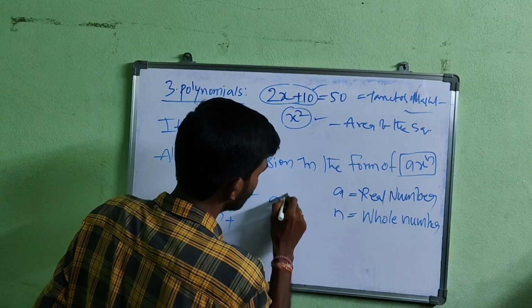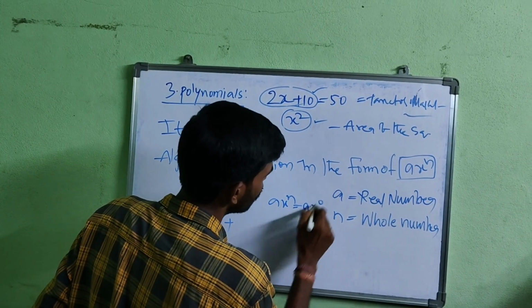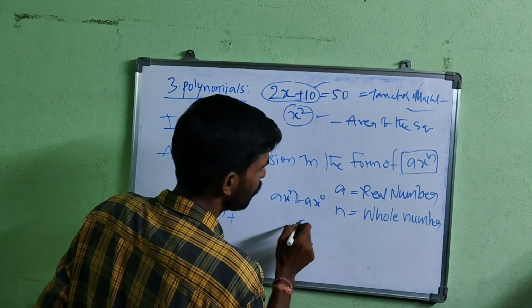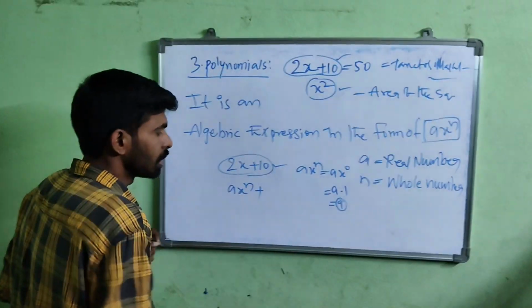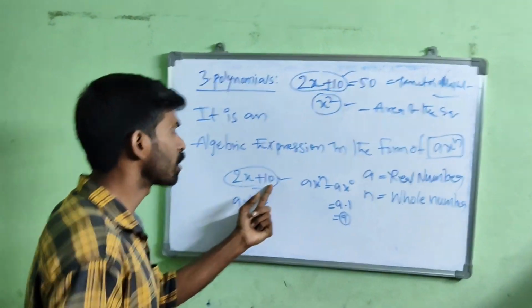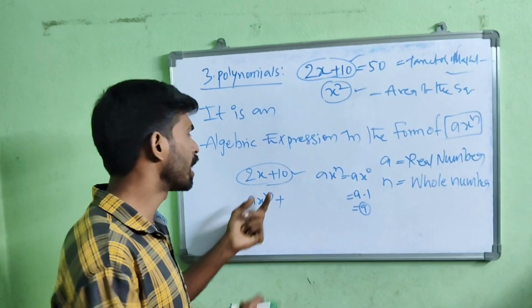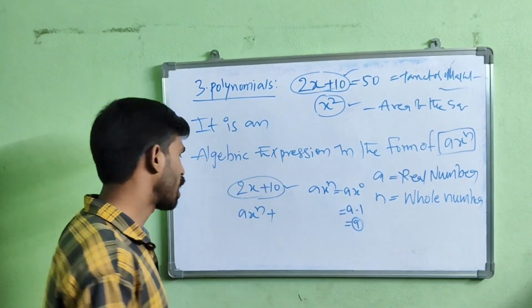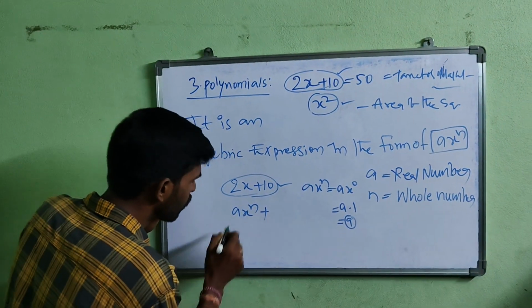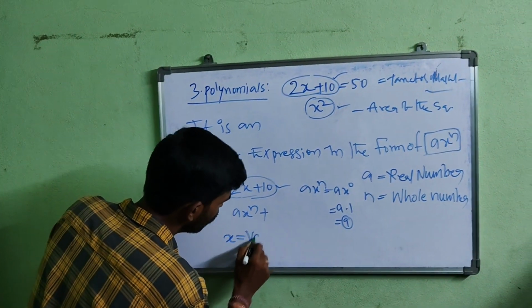Okay, see, a into x power n, for example a into x power 0. If I take n equal to 0, what happened? A into 1 is nothing but a, right? A is the only remaining term. Same here also, 10 is the remaining term. Same like that, there are constant numbers also. Here x is the variable.